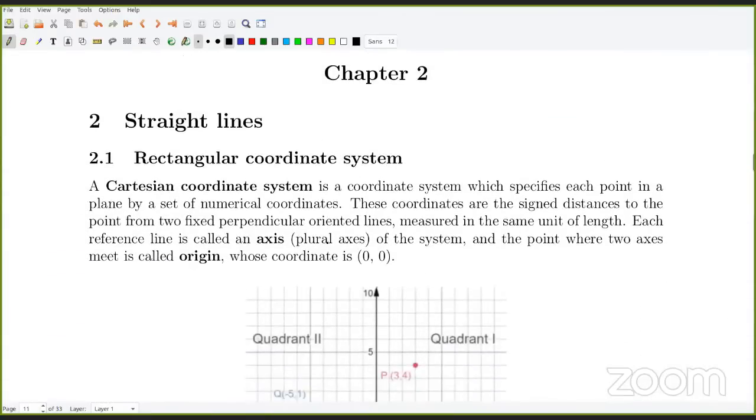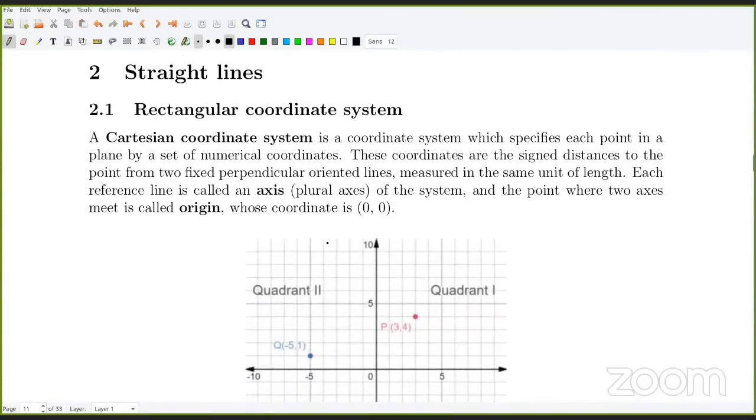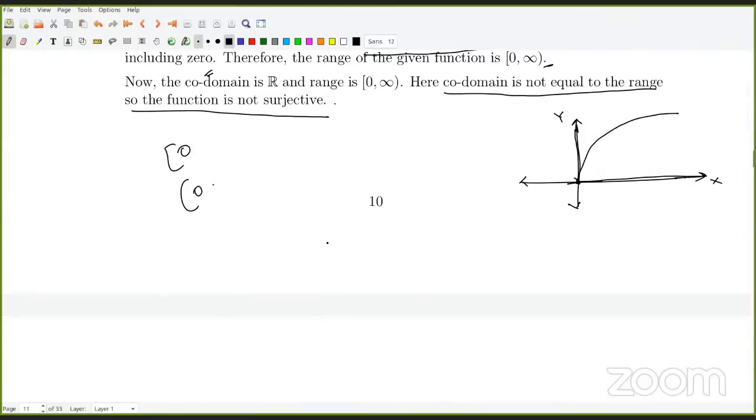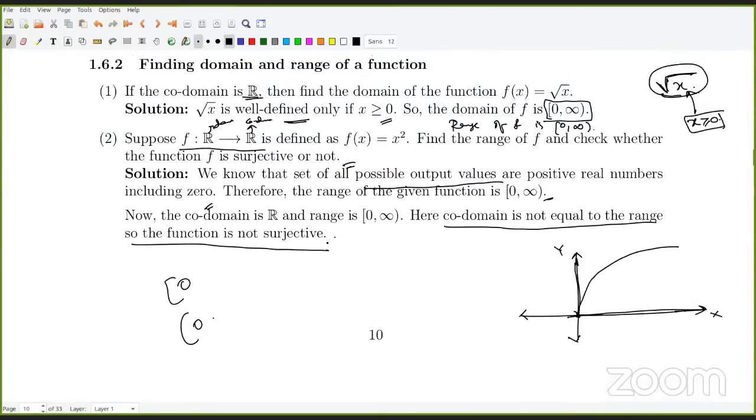Sir, how to find the domain and range when a graph of a polynomial is given? See, when a graph is given, for the domain you just see in which interval on the x-axis the graph is there. That particular interval is the domain. And on the y-axis, the interval in which your graph is defined is the range.